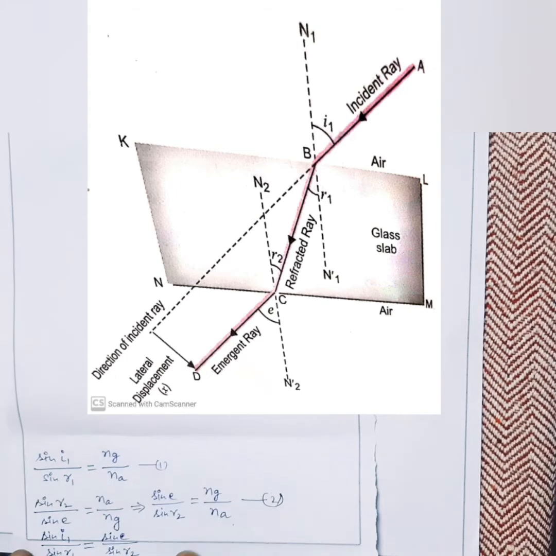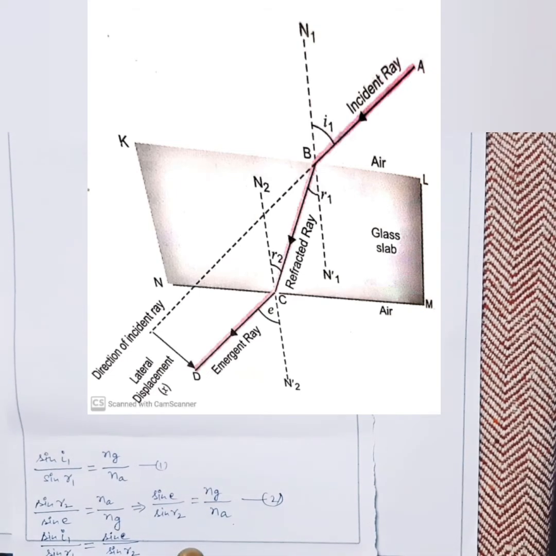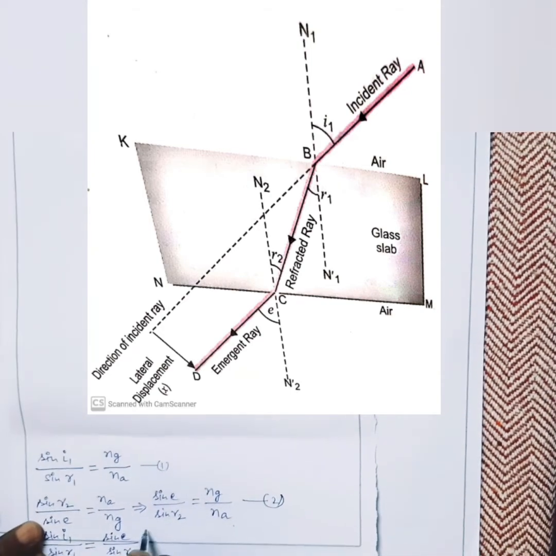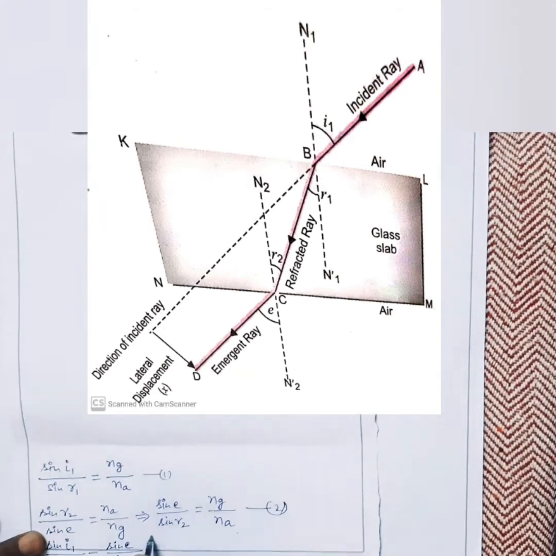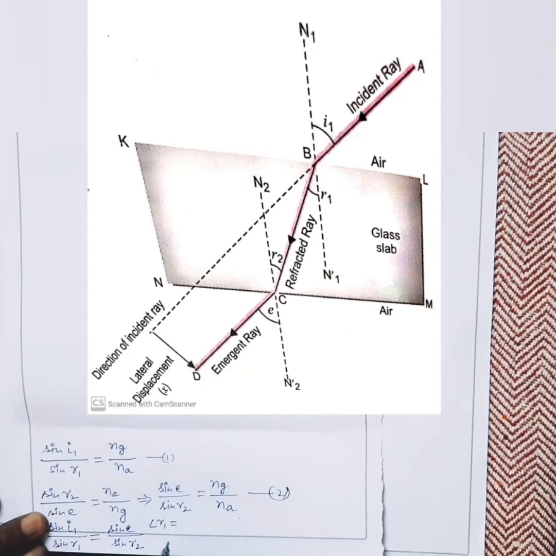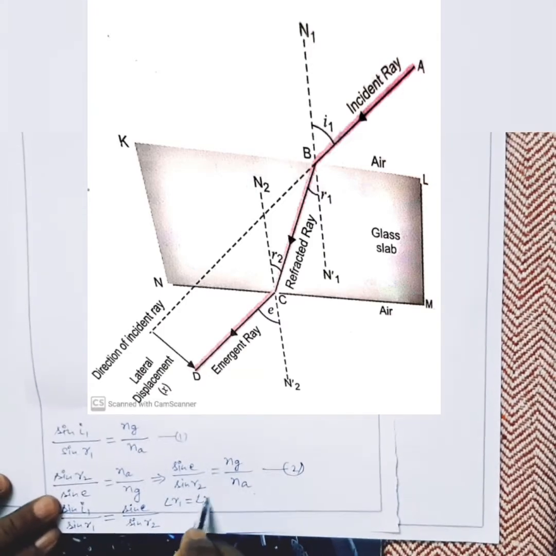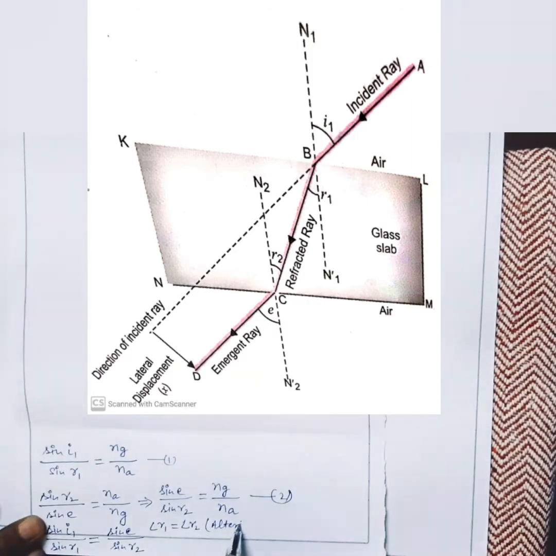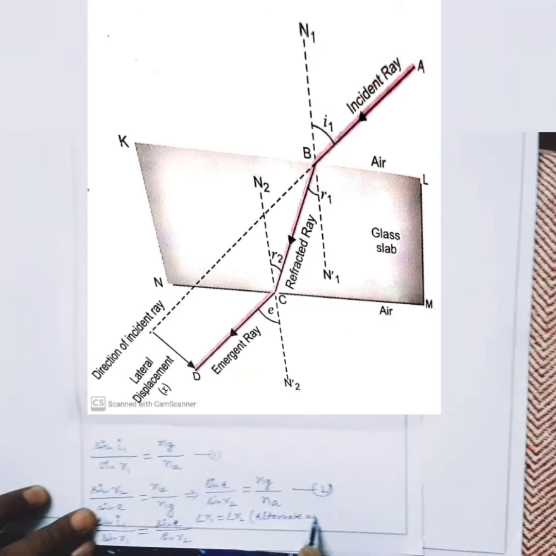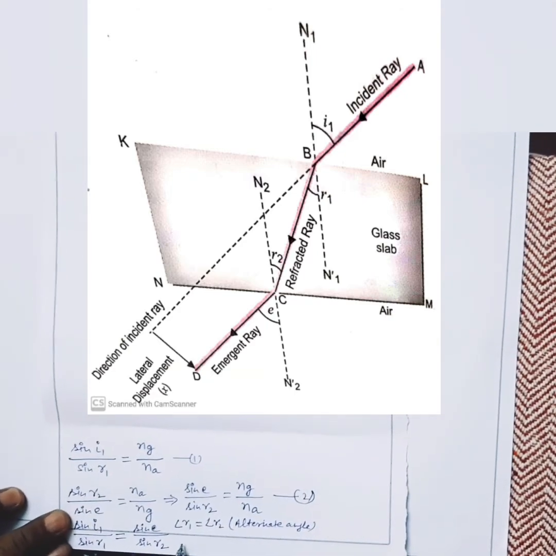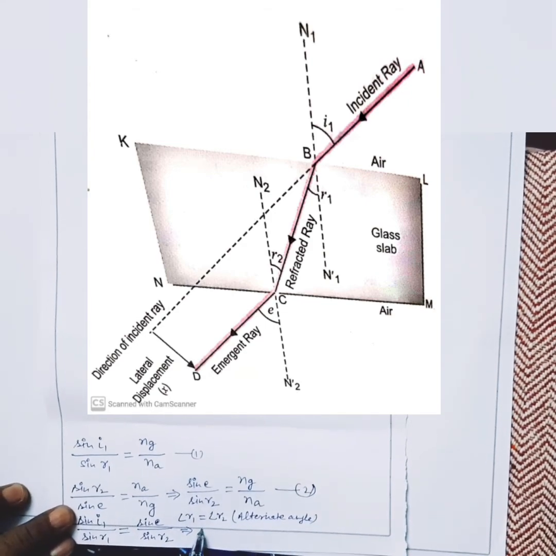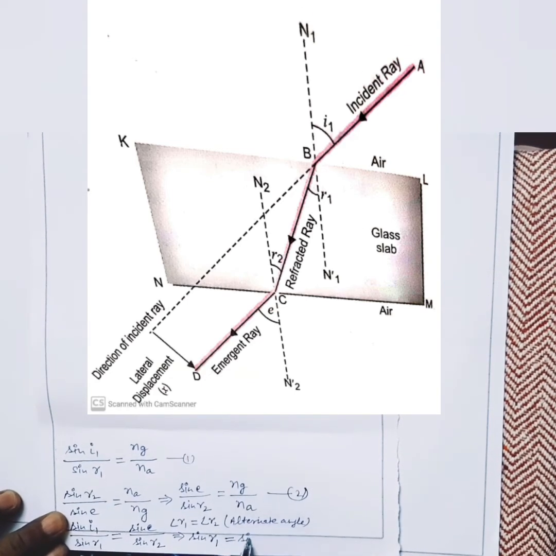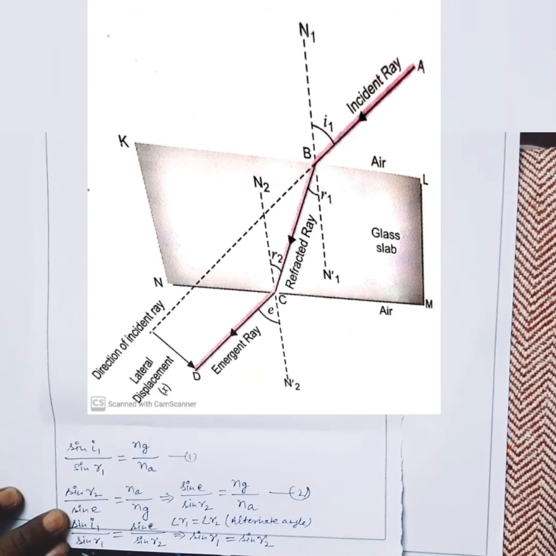Now see the figure again. R1 is equal to R2. Why? Because of alternate angles. Angle R1 is equal to angle R2, alternate angles. Alternate angles imply that sin R1 is also equal to sin R2.